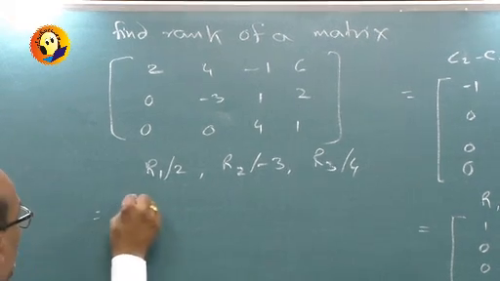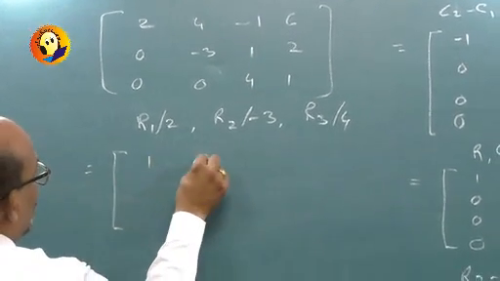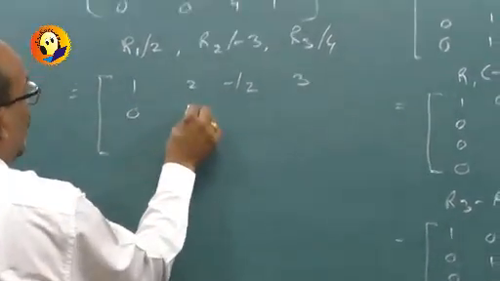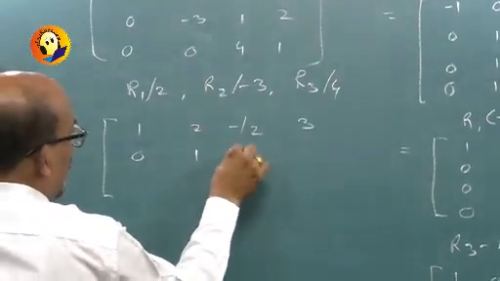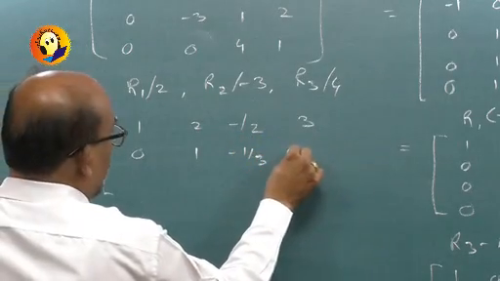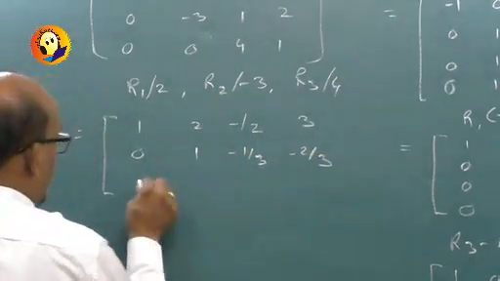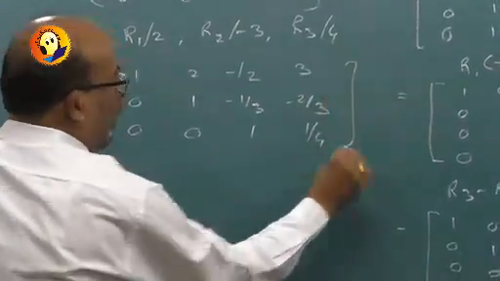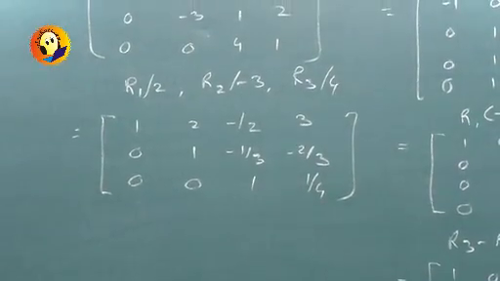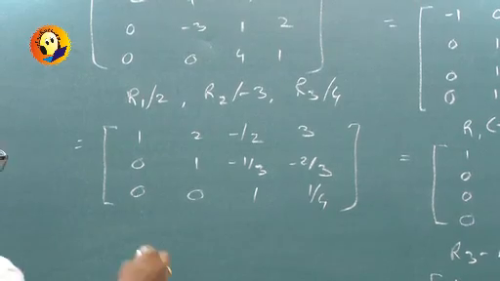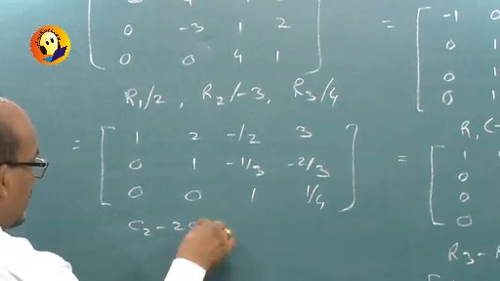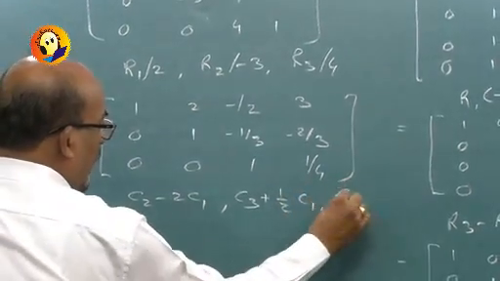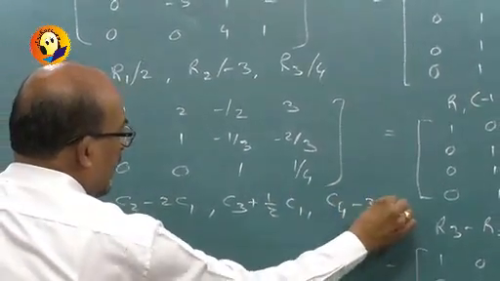So now what will happen? It will be 1, 2, minus half, 3, 0, 1, minus 1 by 3, minus 2 by 3, 0, 0, 1, 1 by 4. Okay. Now it will be C2 minus twice C1, C3 plus half times C1, and C4 minus 3 times C1.